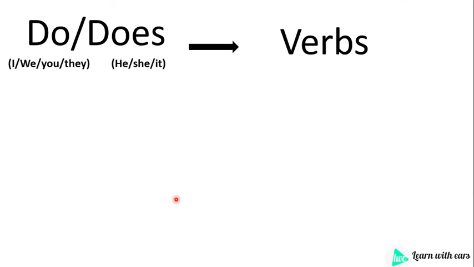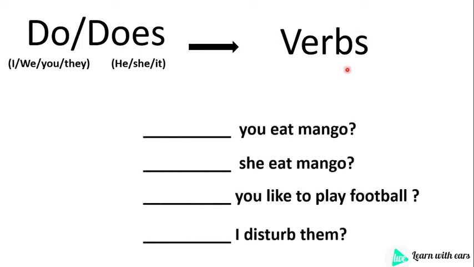Now let's see where to use do and does. As you can see, we use do with I, we, you, they, and does with he, she, it, with verbs. So here are some sentences and we have to put the right words to make them questions correctly.